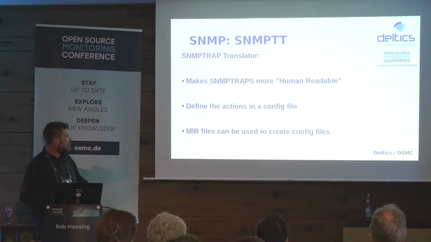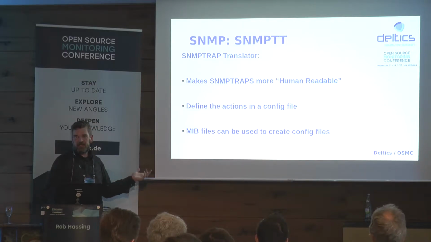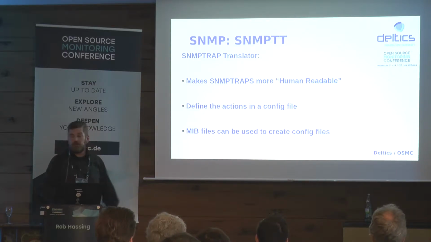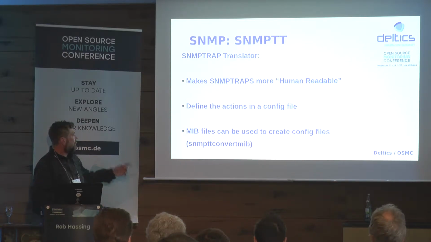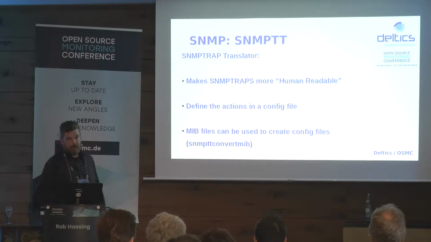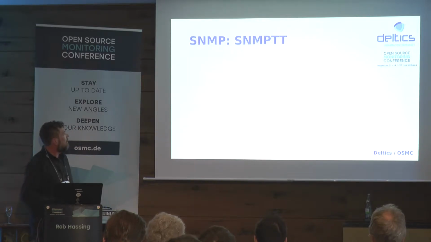All the actions are defined in the config file, and we can use these MIB files, which I already gave examples for, to create these config files. I'll give an example how that goes. And we can use the snmpttconvertmib, which then converts the MIB to an SNMPTT config file.